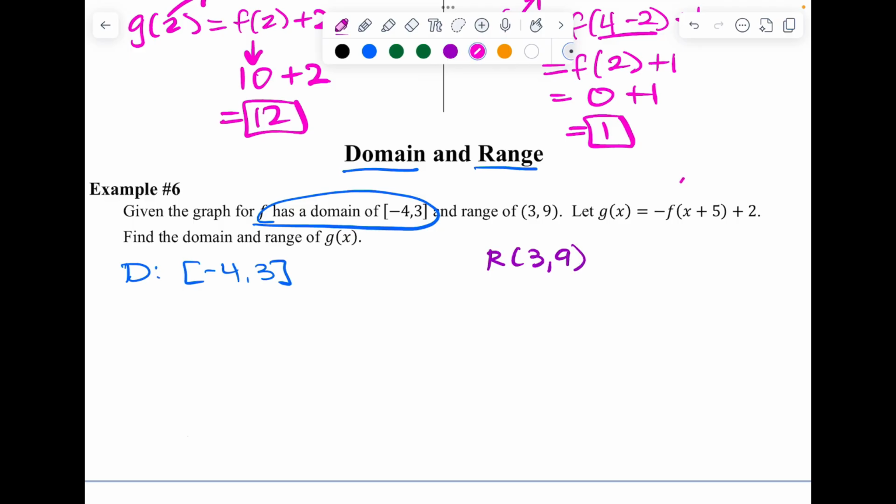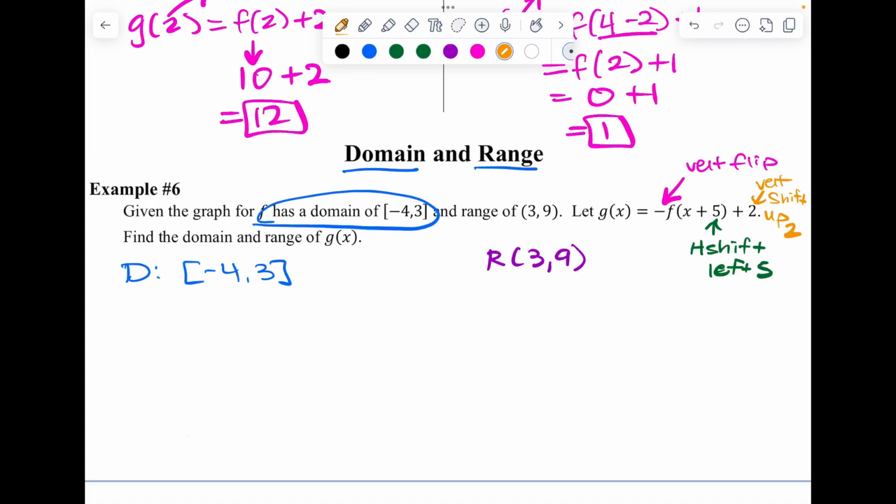G of x is a vertical flip, a horizontal shift left 5, and a vertical shift up 2.